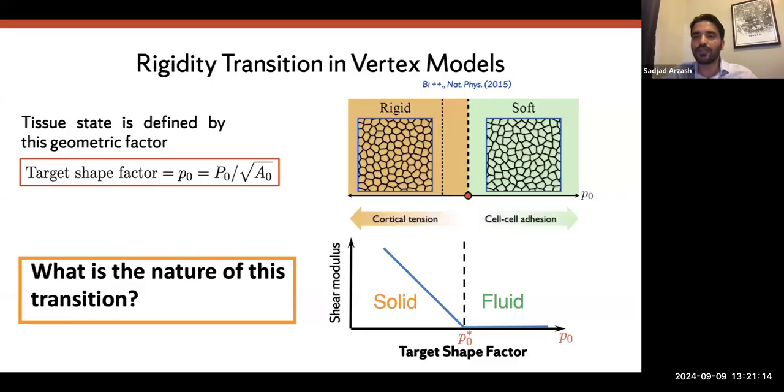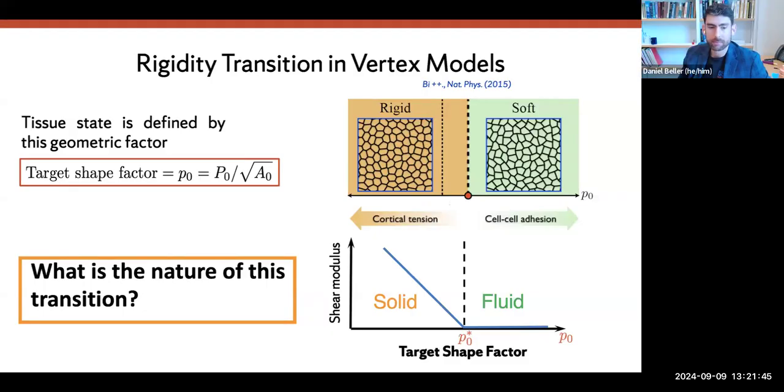This is just a geometric shape factor. Even if you model a tissue as deformable particles, you get to that state where everything becomes jammed, and that's close to 3.8 to 3.9. But that depends also on the amount of disorder you have in the system and the finite size effect. So it's not exactly 3.8 or 3.9, but it's in that region.